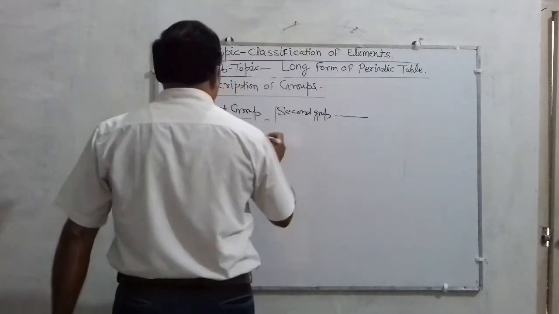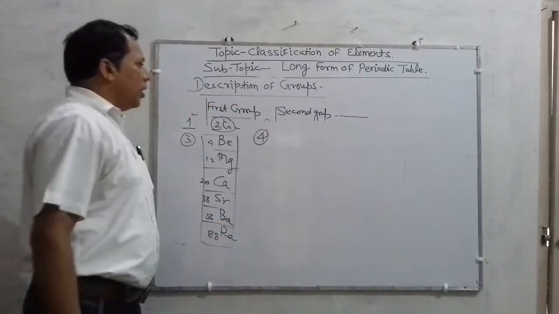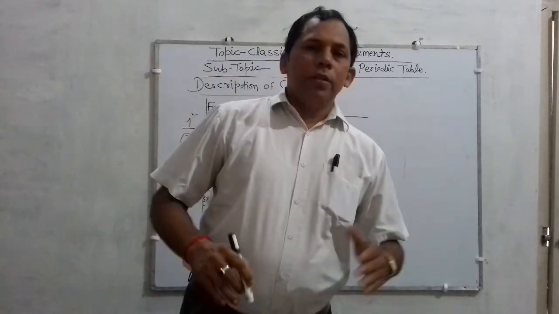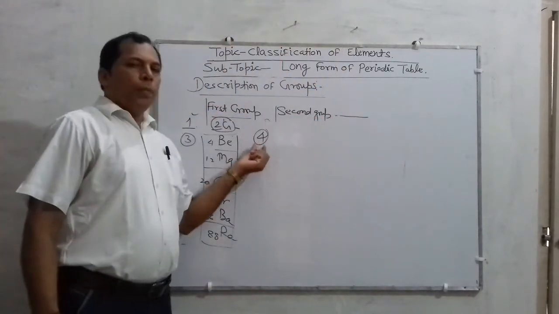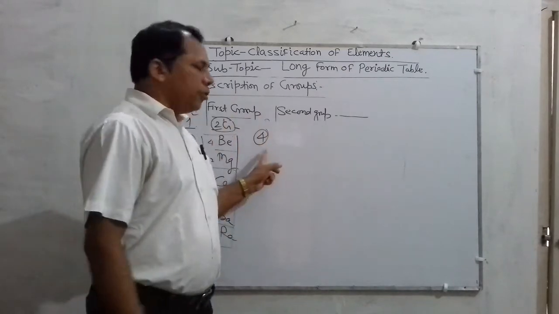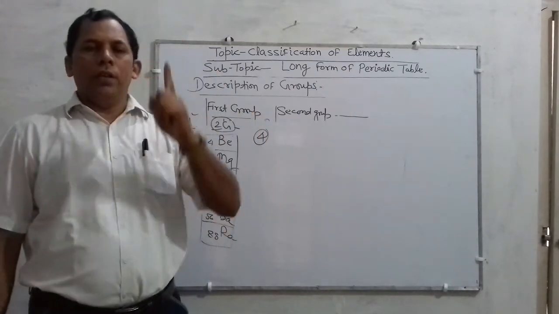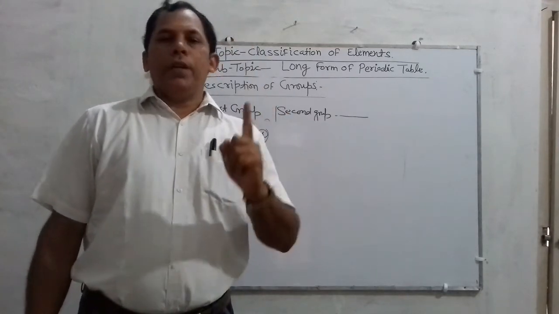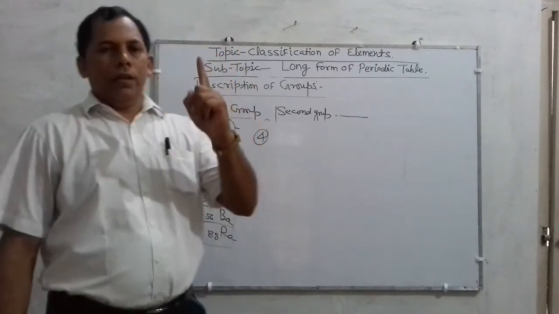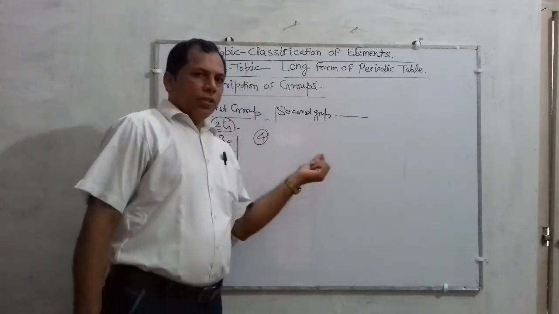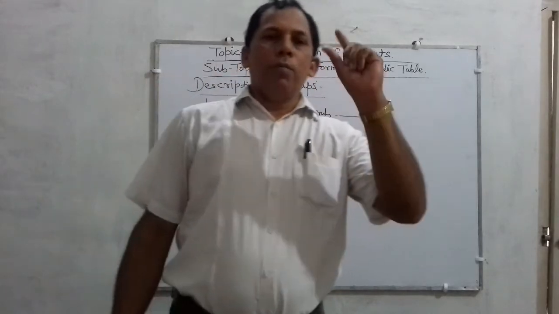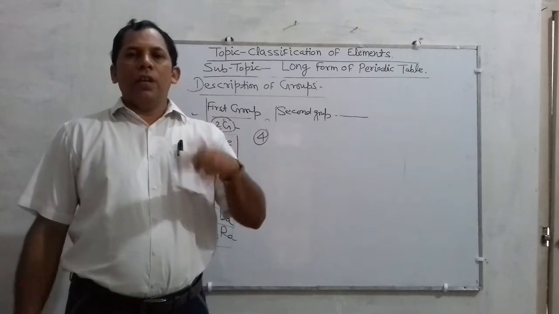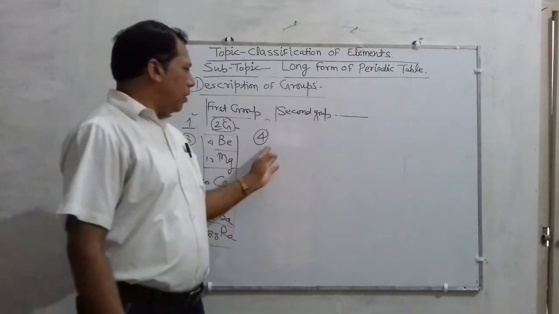Alright. Next property, listen. What is the next property of the group? The elements which belong to group 1, group 2, group 13, group 14, group 15, group 16 and group 17 possess their outermost shell incomplete while the rest of the inner shells are fully filled. Listen once more.